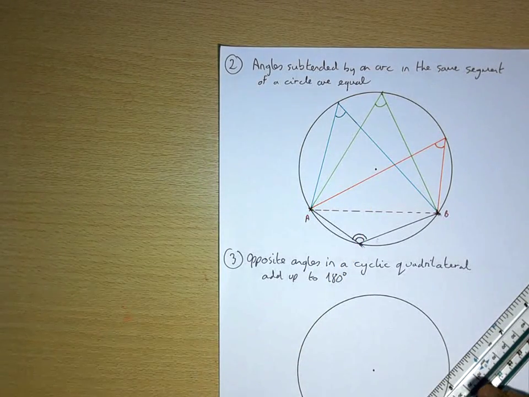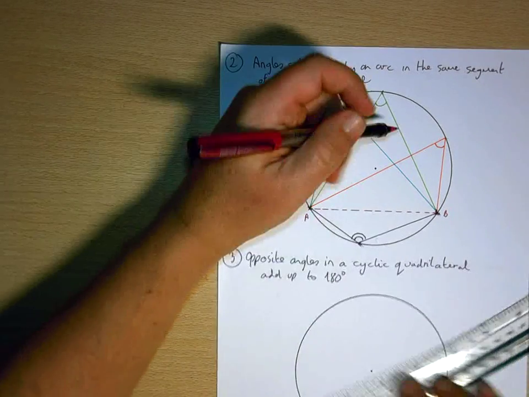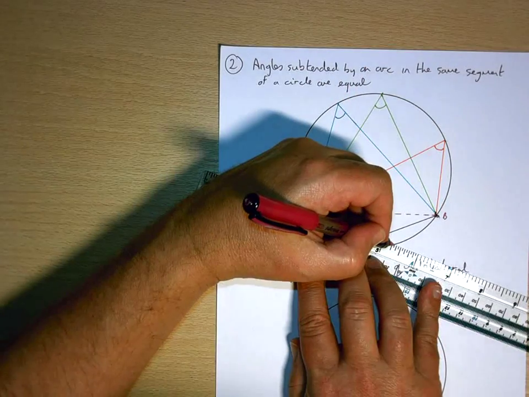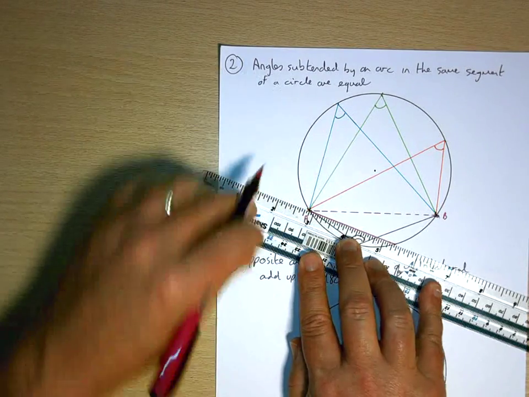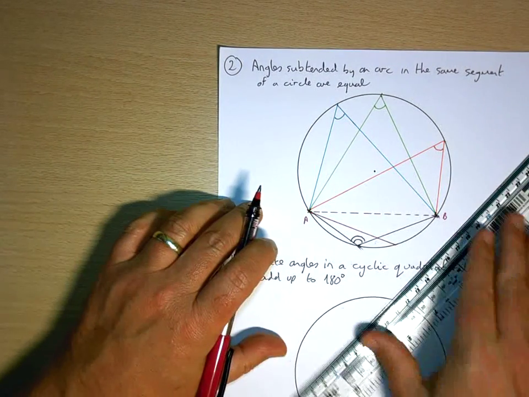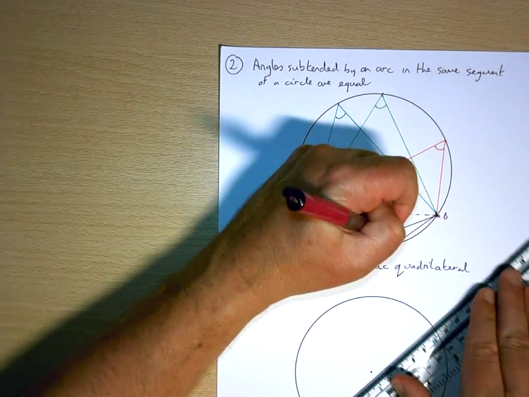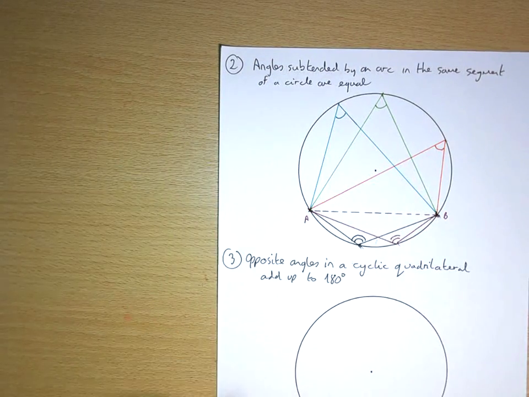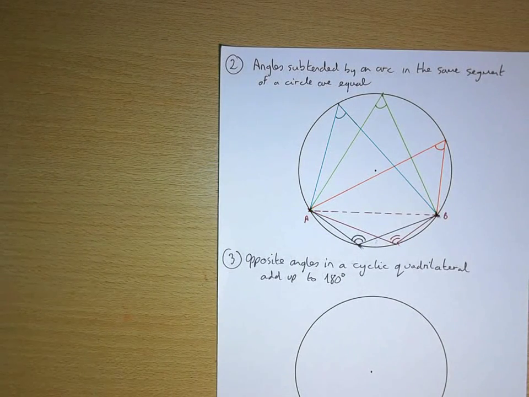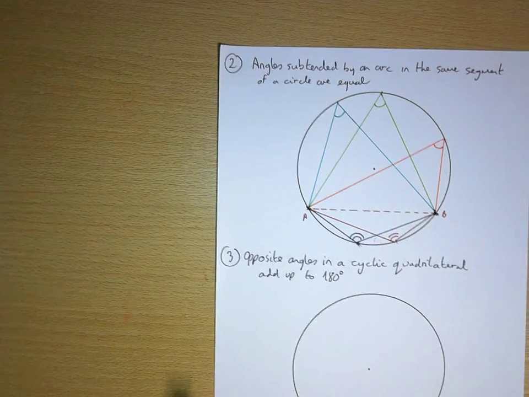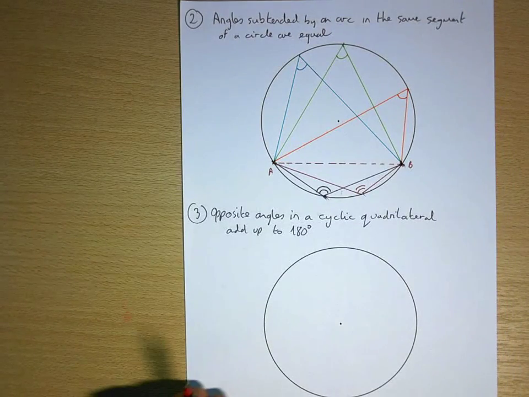So two little loops around that just to show that it's different. So if I fire another one to there, that is going to be the same. So that's angles subtended by an arc in the same segment.